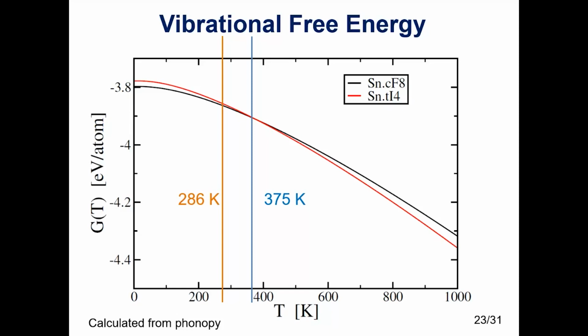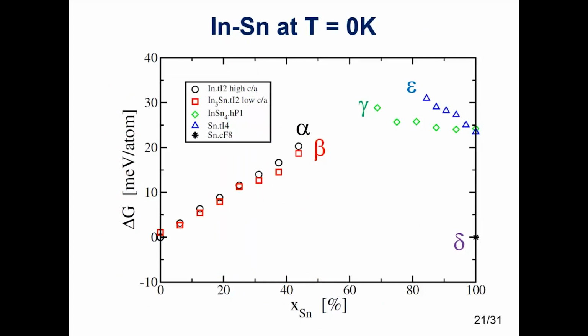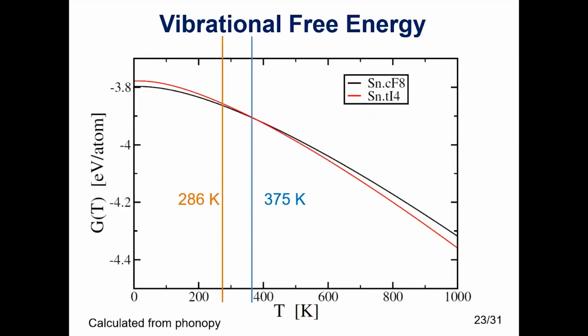It's high because we already saw two graphs ago that the energy of Ti4 is high compared with the energy of CF8. Okay, so that's why red lies above black at low temperature. But then at high temperature, the vibrational free energy makes the Ti4 state favored. And the two free energies cross at about 375 K.